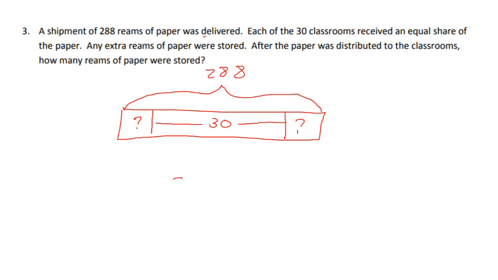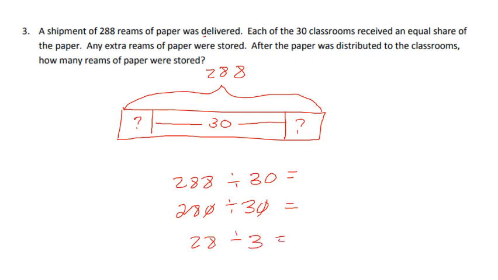So I know I'm going to have to take 288 and divide that by 30 to find the answer. I'm going to go ahead and round this: 280 divided by 30. I can take the zeros out, and I get 28 divided by 3, and we know that the closest compatible number would be 27 divided by 3 equals 9.